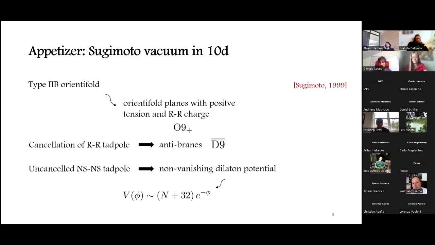This is translated into the usual runaway behavior of the dilaton potential, in which there is a non-vanishing contribution arising from the uncancelled Neveu-Schwarz tadpole.